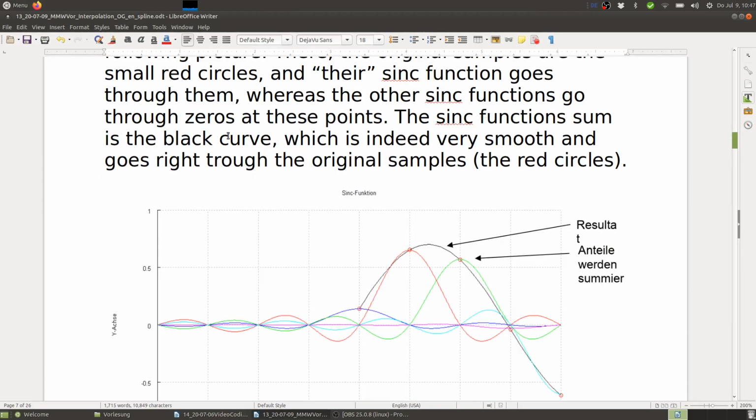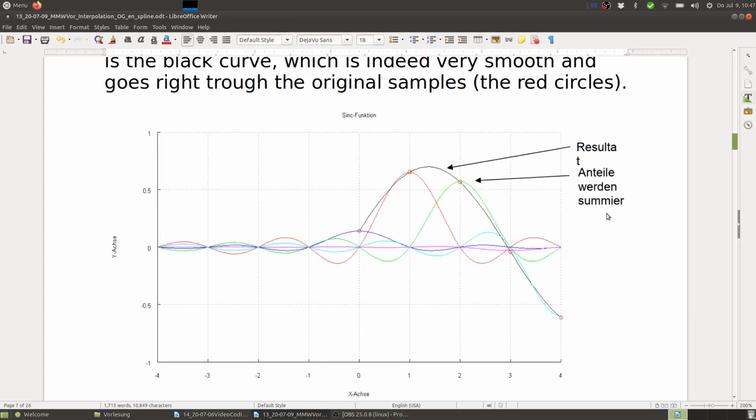The sum of the sinc functions is the black curve, which is indeed very smooth and goes right through the original samples, the red circles. Here you can see this red circle and the green sinc function which belongs to it. Here this red circle and then this red sinc function which belongs to it.